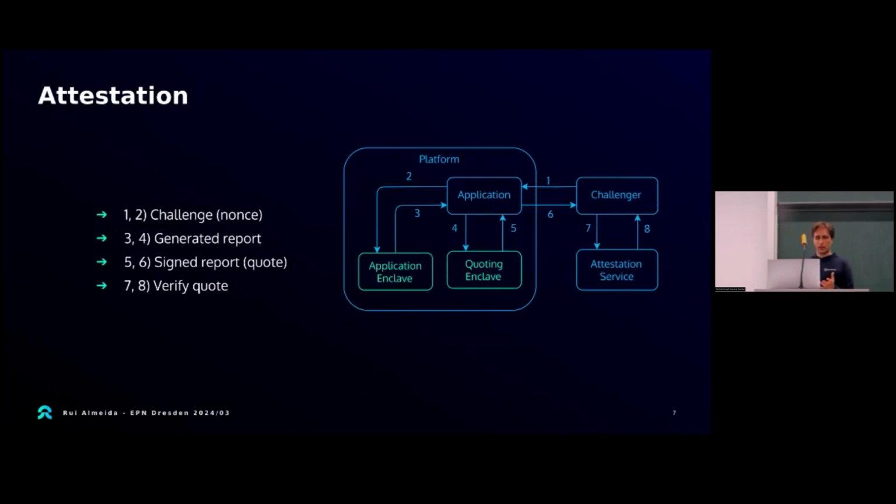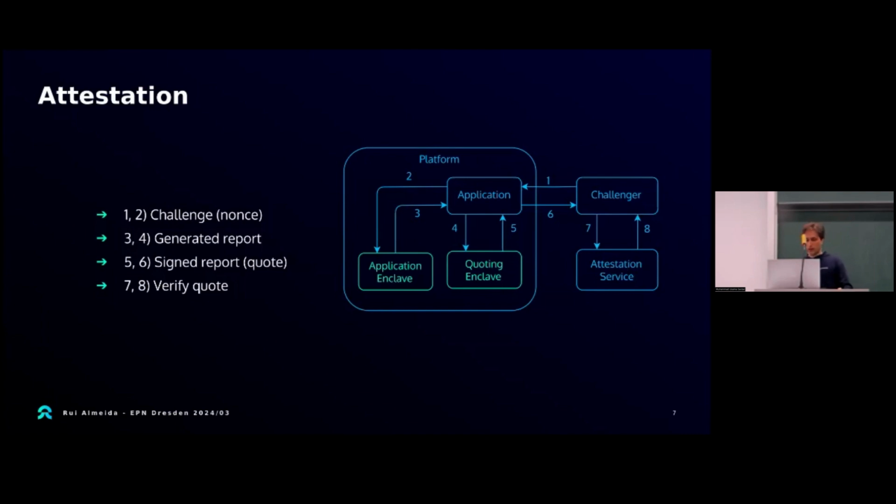And then all of that signed data gets sent back to the user, who then needs to do two things. First of all, it needs to verify the authenticity of that data, whether it has been signed by an actual, let's say, an Intel SGX CPU rather than some CPU pretending to be an enclave.